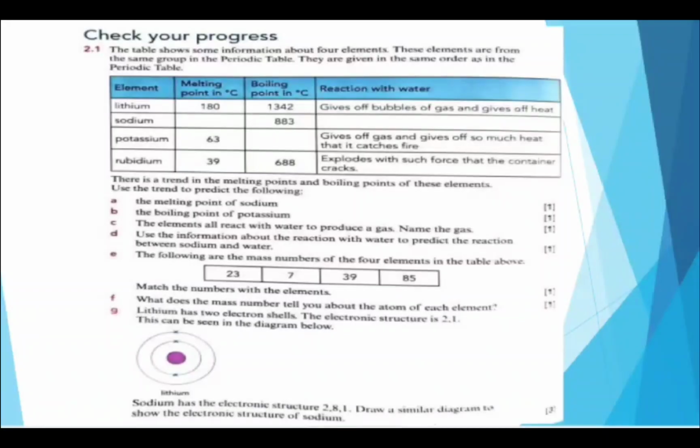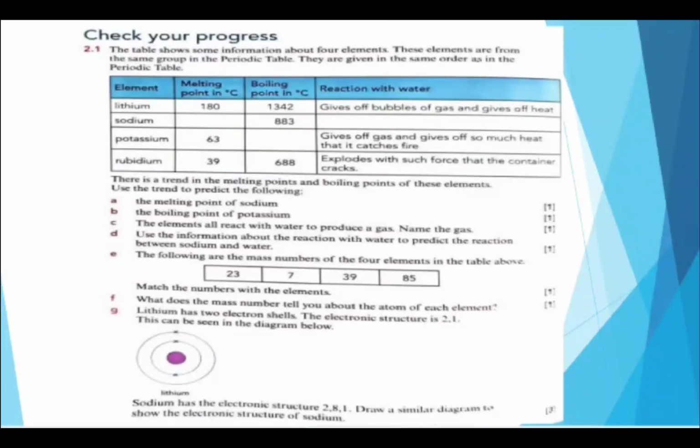So rubidium is highly reactive, potassium less reactive, then sodium, and the least reactive is lithium. There is a trend in the melting points and boiling points of these elements. Use the trend to predict the following: the melting point of sodium.